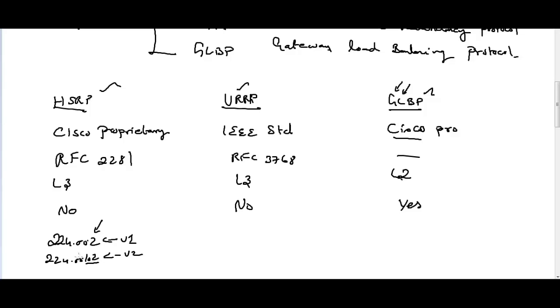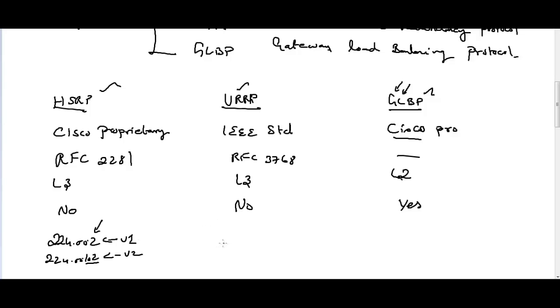Using this multicast address, they send hello packets periodically. They discover the neighbor, and they also maintain the neighbor relationship. When a neighbor goes down, the hold time will expire, and the other device will become active. Multicast is useful, the same as in routing protocols like EIGRP and OSPF.